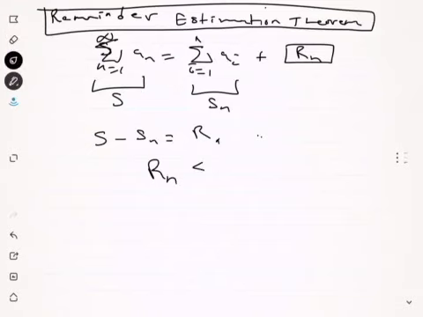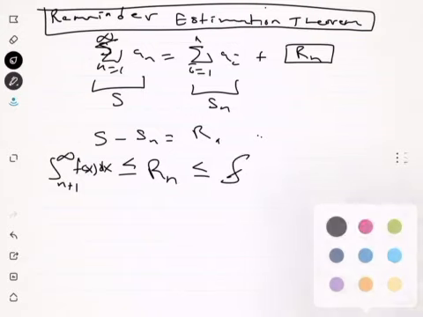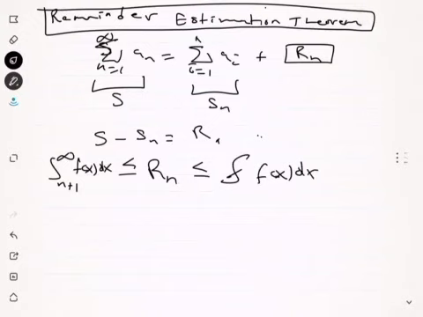The remainder terms on a series is bounded by the integral from n plus 1 to infinity of f of x dx, and the integral of f of x dx as x goes from n to infinity.